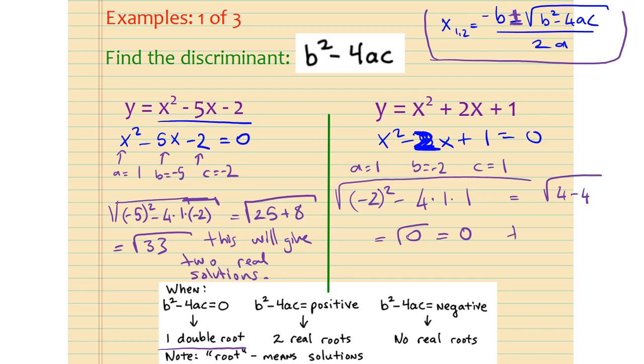So I will write this will give one solution. Or we can say double solution, because x1 and x2 will be exactly the same. x1 will be equal to x2, the same root.